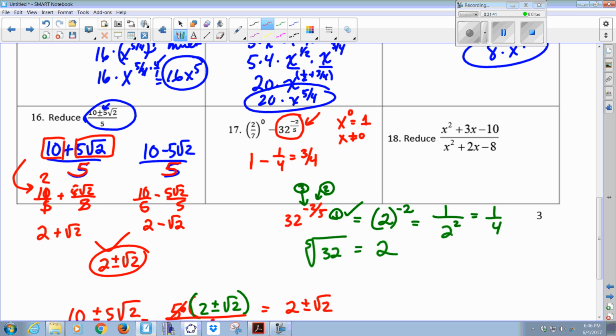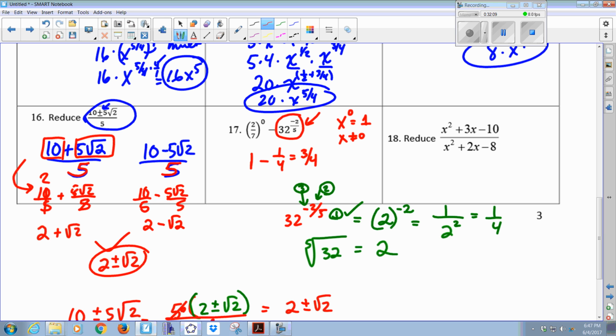Now finally, we have a reduction problem. We have an algebraic fraction, and you want to remember that the only way we can ever reduce anything is by finding a common factor to the numerator and denominator, which is the factor of 1. So right now, neither the numerator nor denominator is in factored form. It's an addition and subtraction problem.